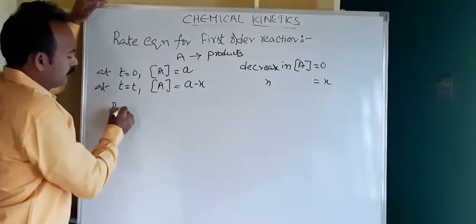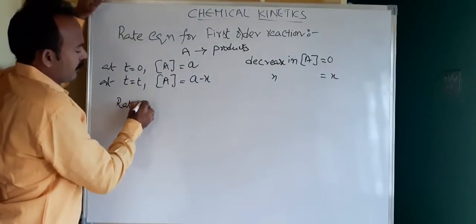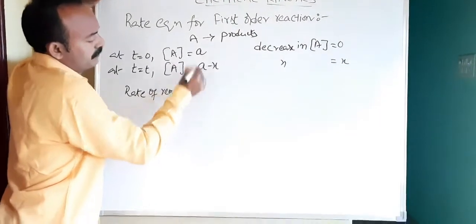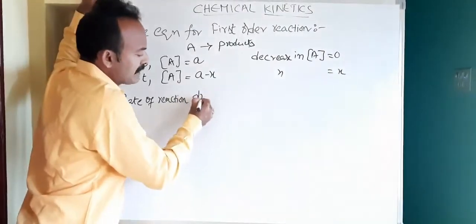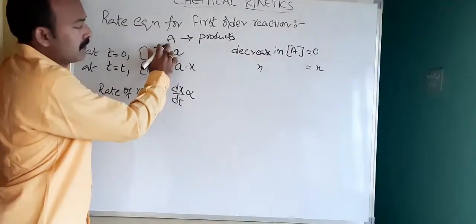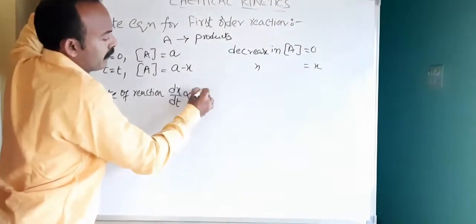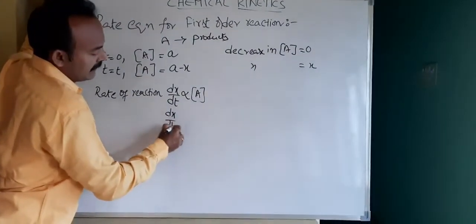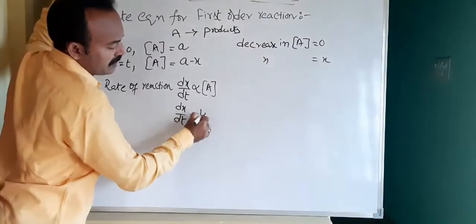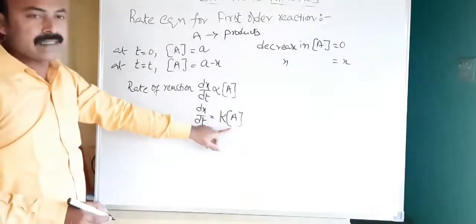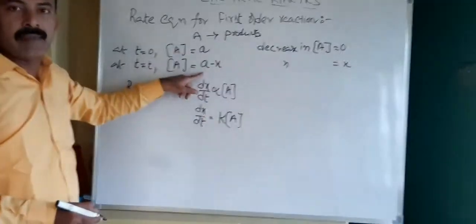Rate of reaction dx by dt is proportional to concentration of reactant. So dx by dt is equal to some constant into concentration of A. But we know concentration of A is equal to a minus x.